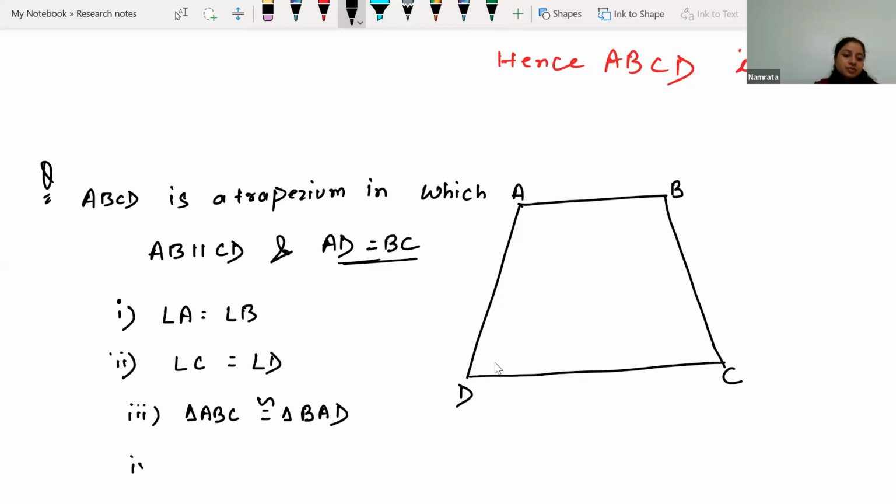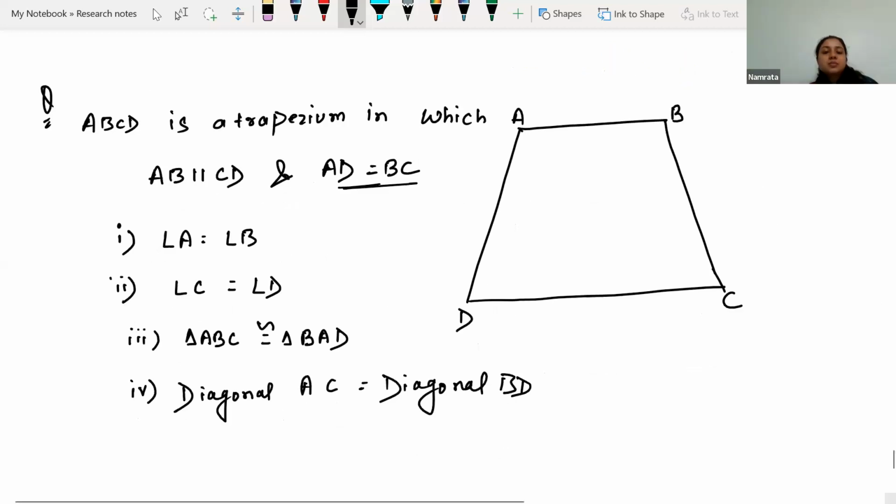And we also have to show diagonal AC is equal to diagonal BD. Now let's see how we can do so. First thing, okay, second, third, fourth, let's keep it aside for a while.